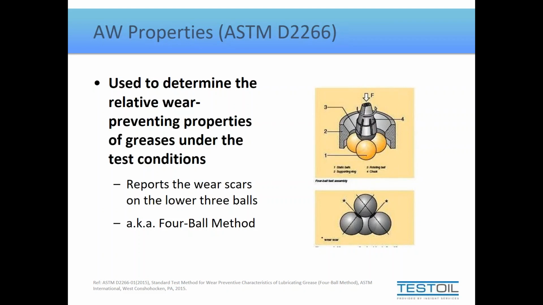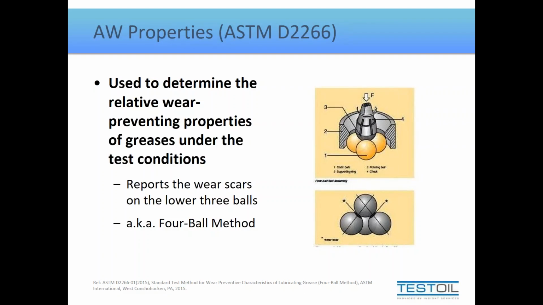So don't confuse these two tests. One is basically a maximum load before scoring. The one that we've got on screen right now is how much scoring under a set load. So always try and compare apples to apples when we're doing these measurements. One will be reported typically in kilograms. The other one, the one we're looking at right now, will be reported in millimeters.